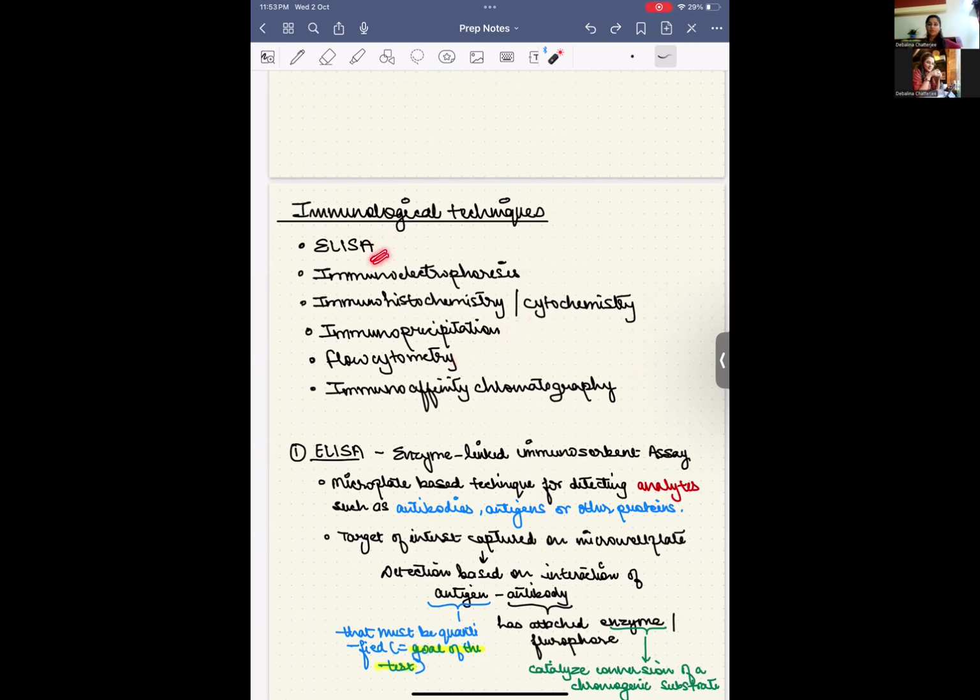So ELISA is mostly used to detect an analyte. It involves your enzyme as well as your immunological interaction.